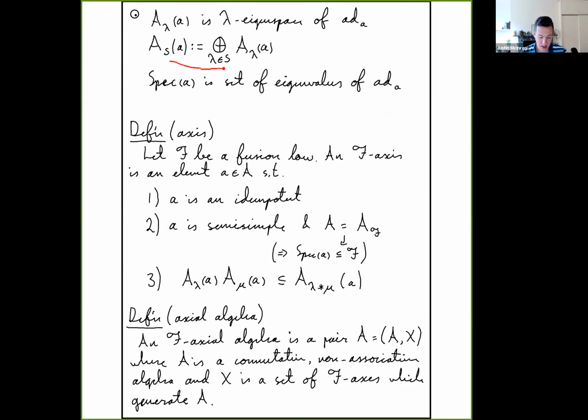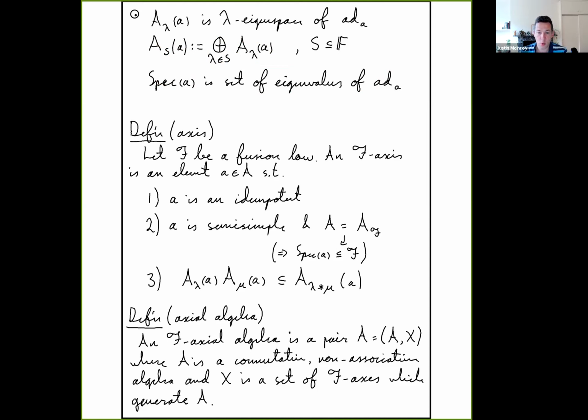And similarly, if I've got some set S, some subset of F, I'm going to write A_S(a) for the direct sum of all of these A_lambda(a). And finally, Spec(a) is just going to be the set of eigenvalues for this adjoint.